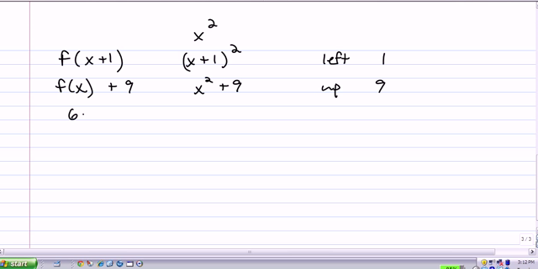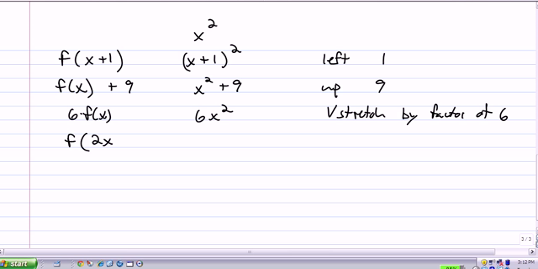What about 6 times f of x? So we're reviewing transformations. That was 6 times x squared. That was a vertical stretch by a factor of 6. So it vertically stretched our graph. What about f of 2x? Okay, that would be 2x squared.